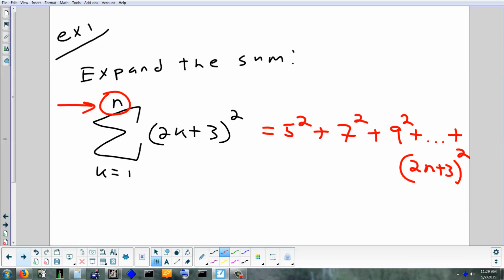Then just put plus dot, dot, dot, and then show me the last term. And if you want to write 25, 49, 81, you can do those out, but if you don't, that's fine too. Any questions on expanding that sum? Now, when it goes to n, you can't get a numerical answer because we don't know what n is.